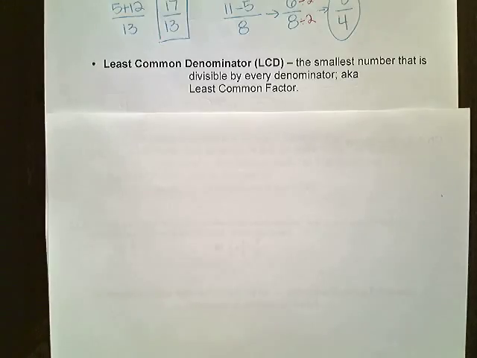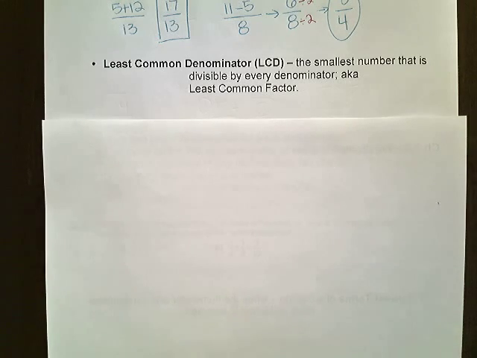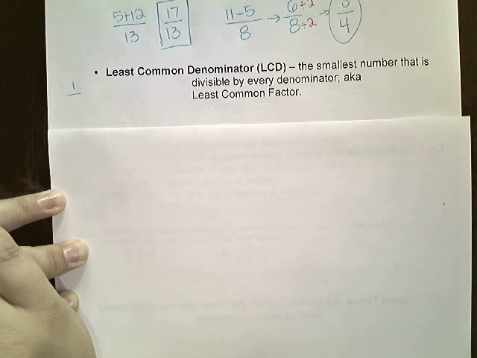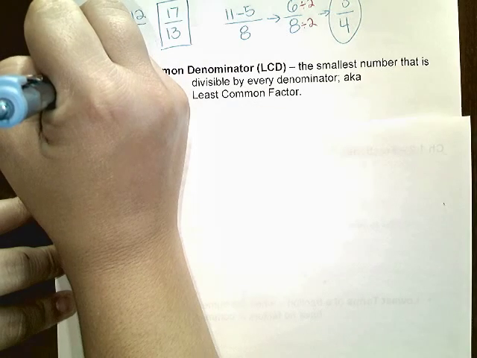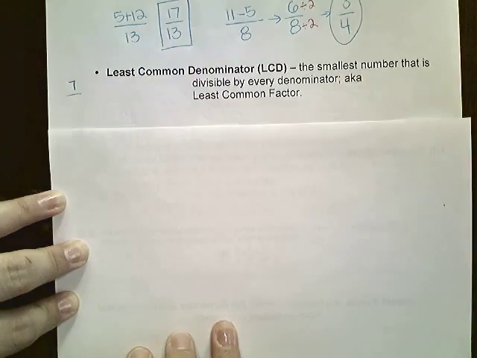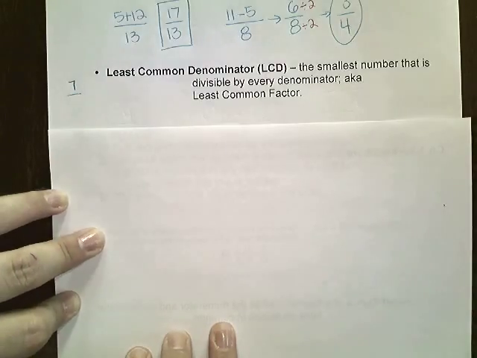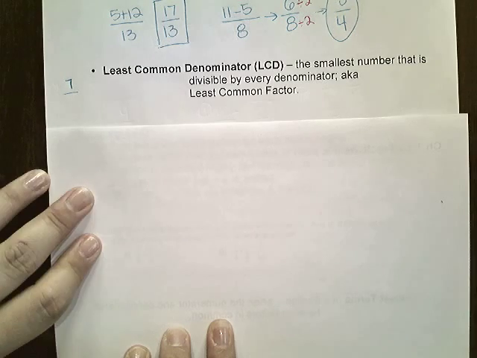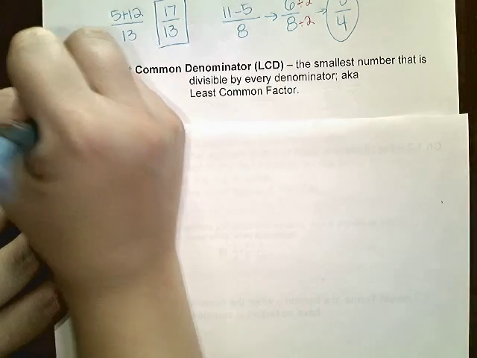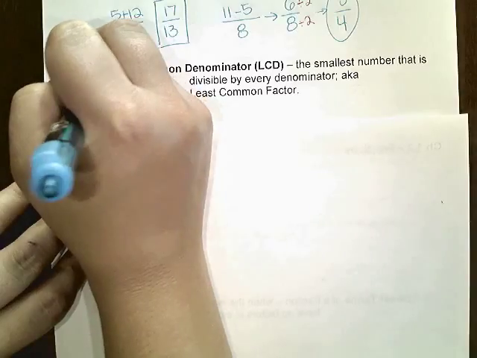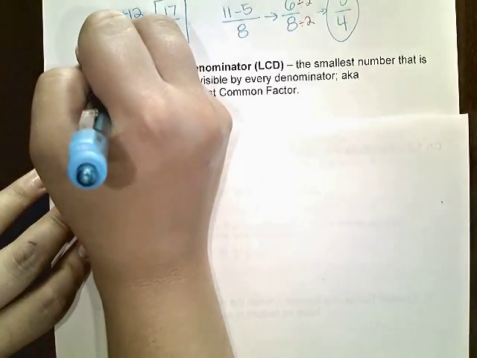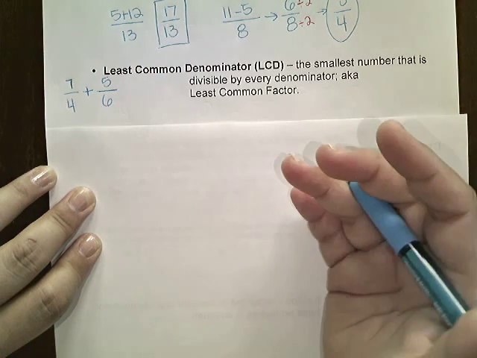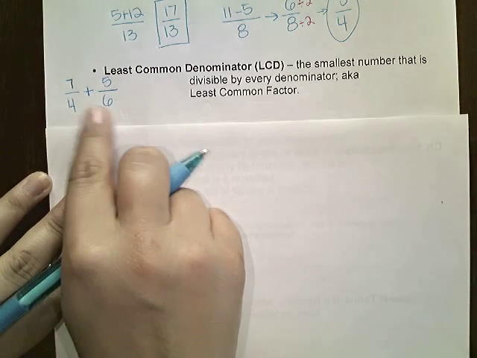So if we're looking at, let's say, 7/4, and we're trying to add that to 5/6. One option is to multiply the two denominators by each other, 4 and 6.